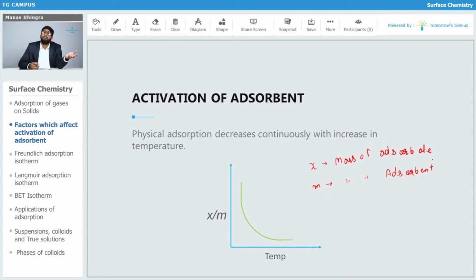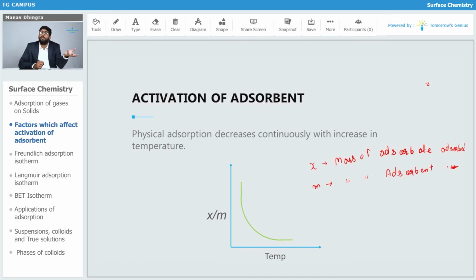The higher this ratio is, the higher your adsorption will be. Why? Because the more mass of adsorbate is adsorbed, and similarly the mass of adsorbent.